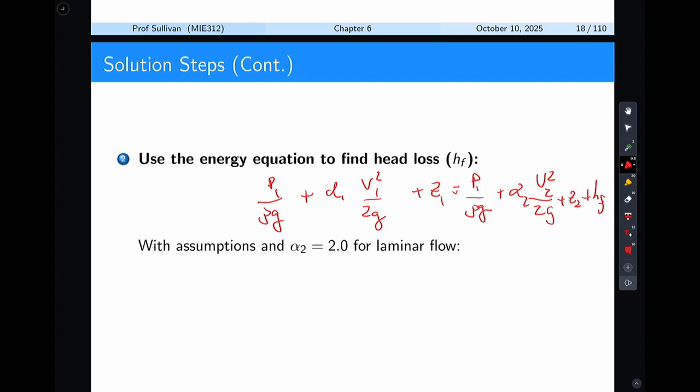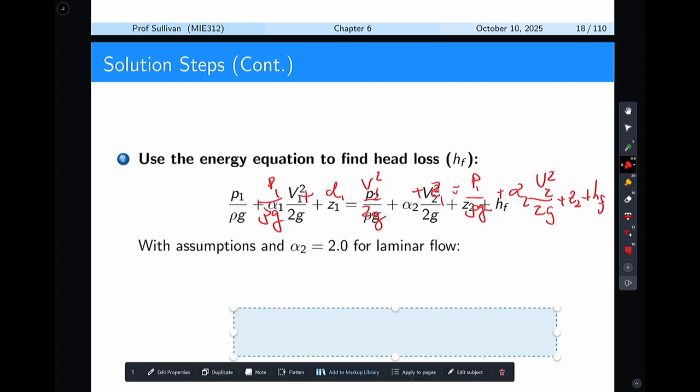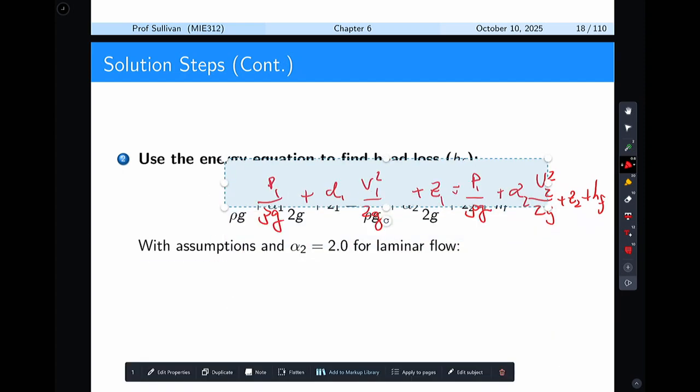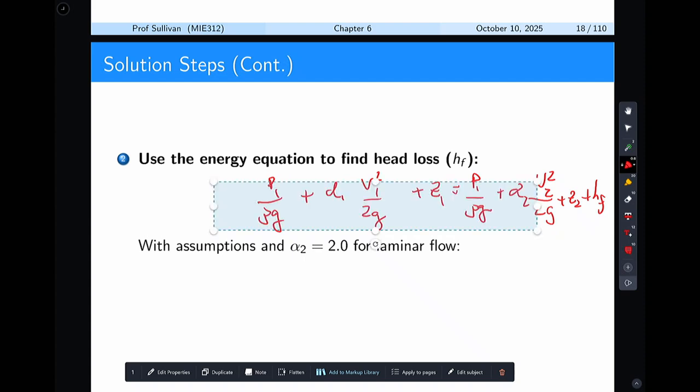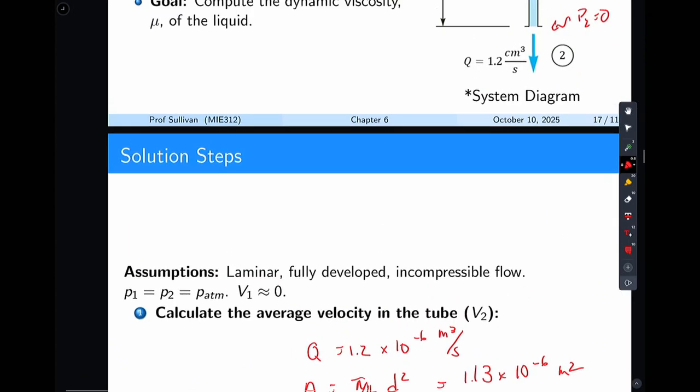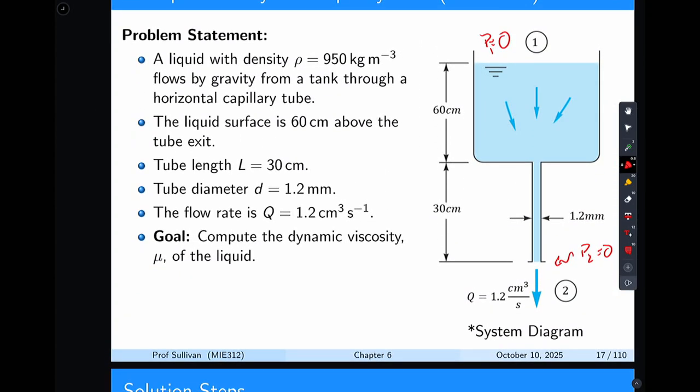So the difference here is that this problem has quiescent fluid at the very top. V1 is equal to 0, and I have V2 equal to 0 over here.